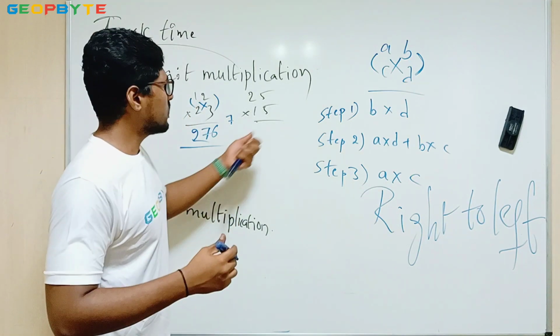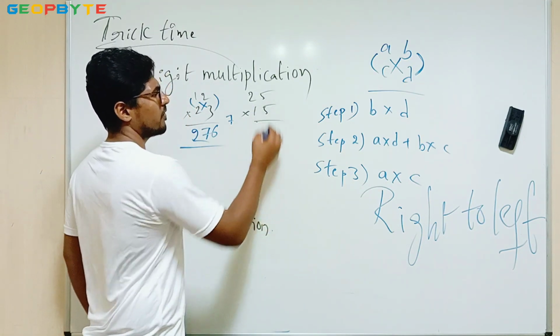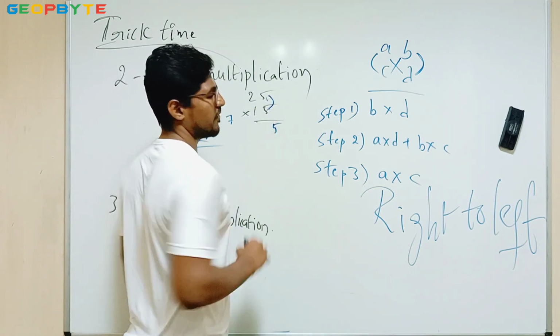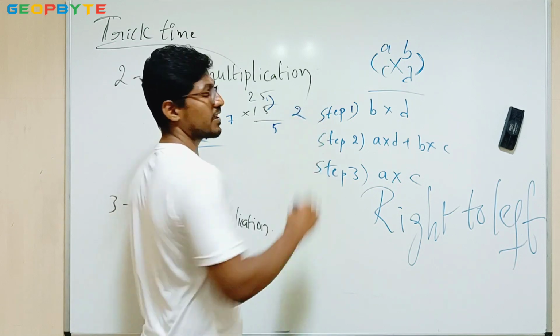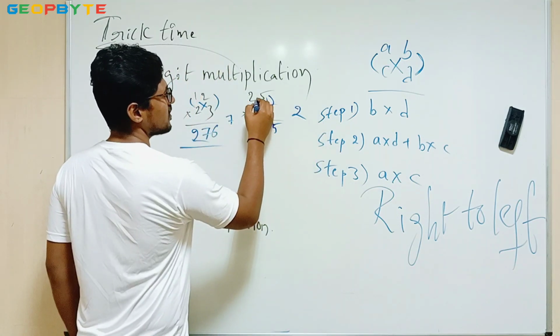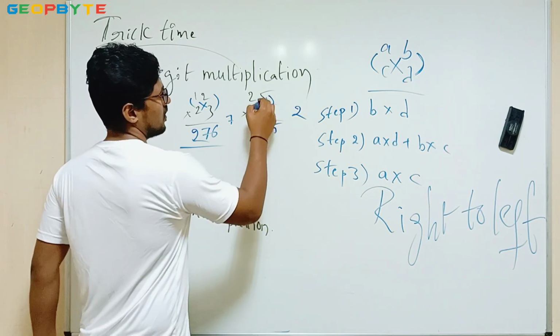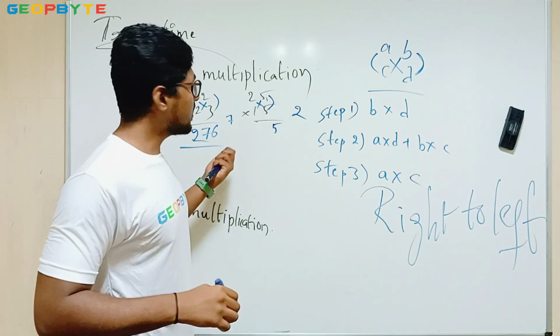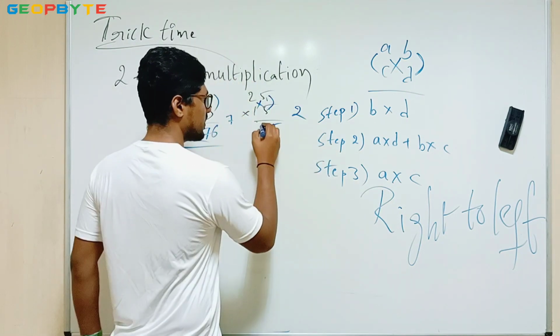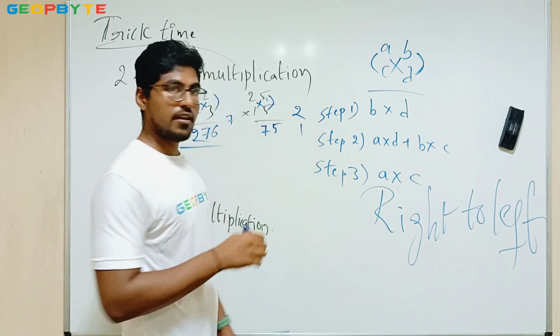See that. If you want to do 25 into 15, what you have to do is 5 into 5, 25, and 5 would be here, and 2 should be the carry for the next calculation. For the next calculation, 2 into 5 is 10, plus 5 is 15, 15 plus 2 is 17, so we write 7 in here, and 1 would be the carry.